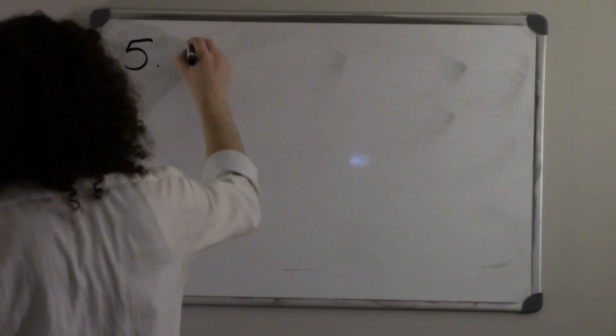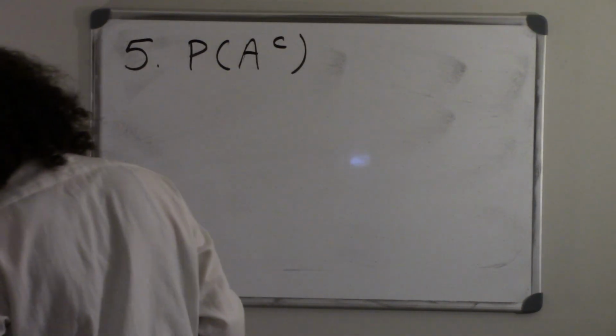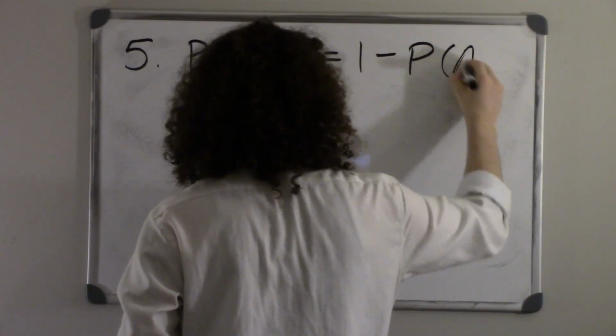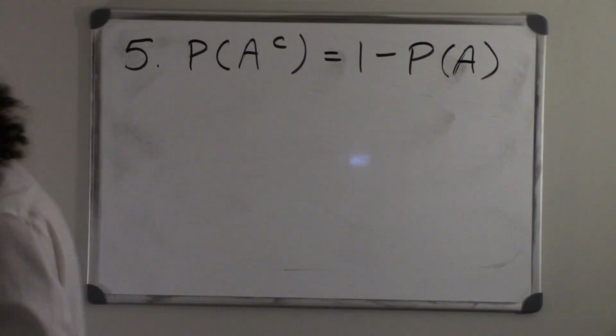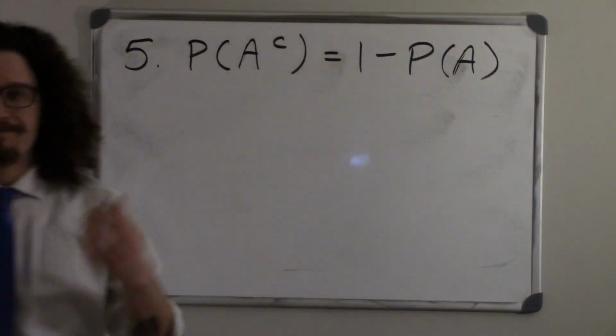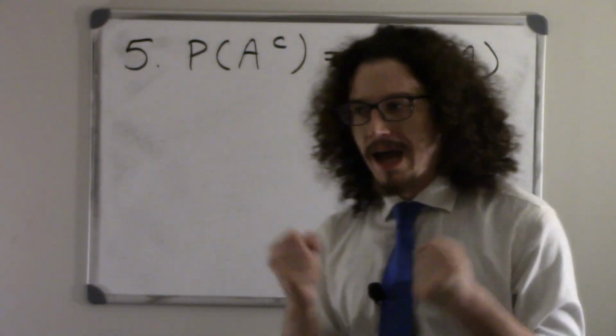All right, and we will actually end this video with the fifth law of probability. This is the last one for this video. This states that the probability of the complement of A is equal to 1 minus the probability of A. This should make sense.